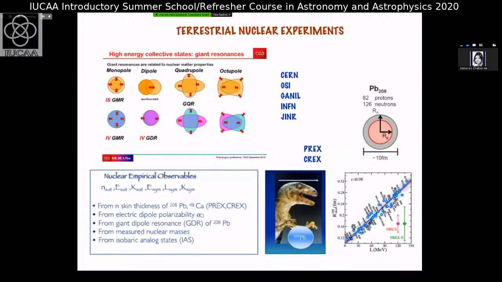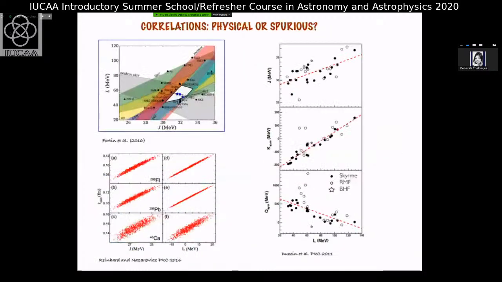This figure you can see at the bottom right of the screen. So interestingly, on the top left corner you see a summary figure of all these different experiments. In the plot, you see the symmetry energy represented by J and the slope of symmetry energy represented by L. And what you see is that, depending on the model, you have a large discrepancy in the predictions of these values.